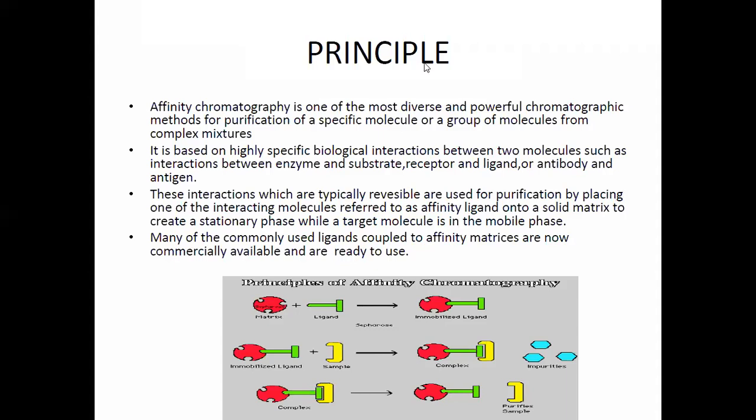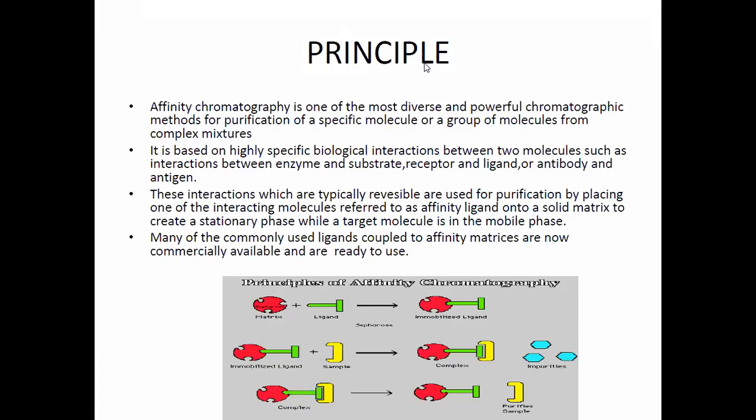So based on the affinity, based on the interactions between the two molecules, these very specific interactions, which are typically reversible, are used for purification by placing one of the interacting molecules, known as the affinity ligand, onto a solid matrix.